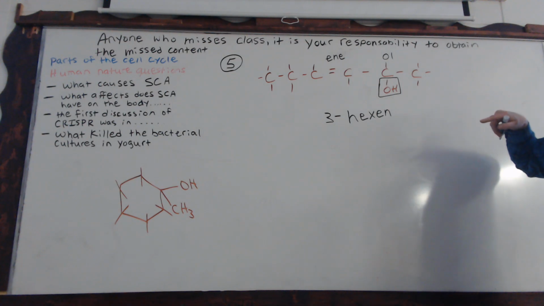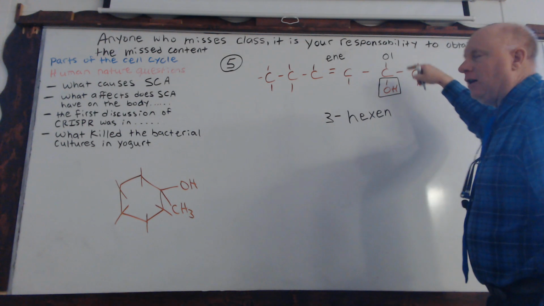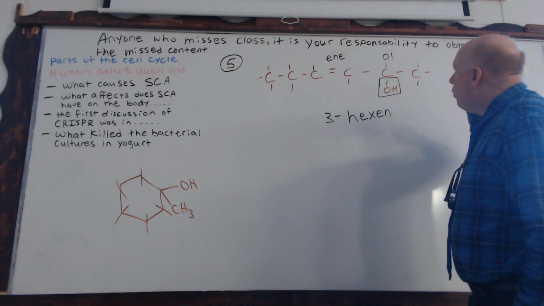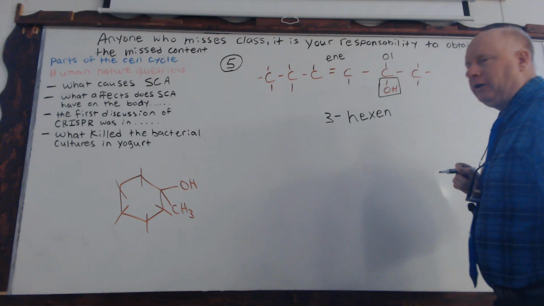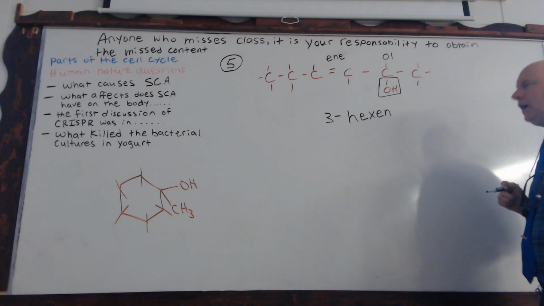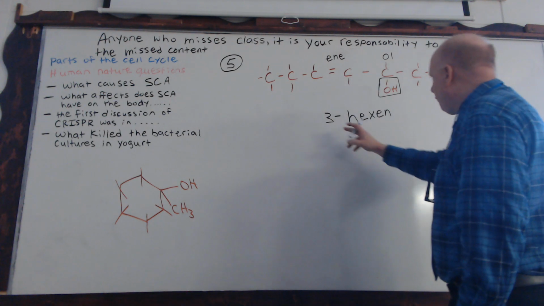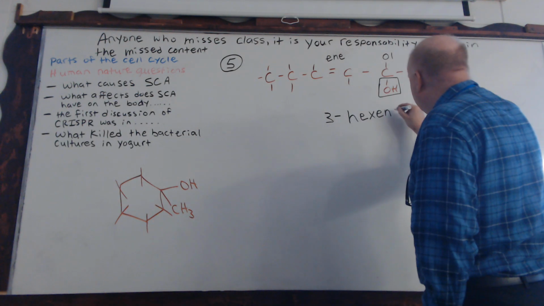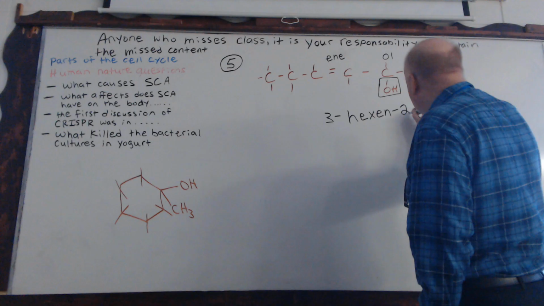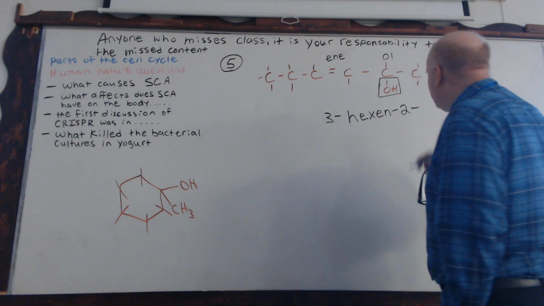Okay, it would be your "ol", not just L. So where is that alcohol located, on which carbon? Okay, so then we would go 3-hexene dash 2 dash what then?